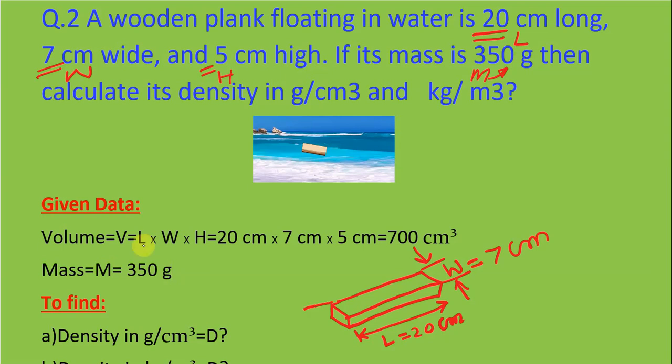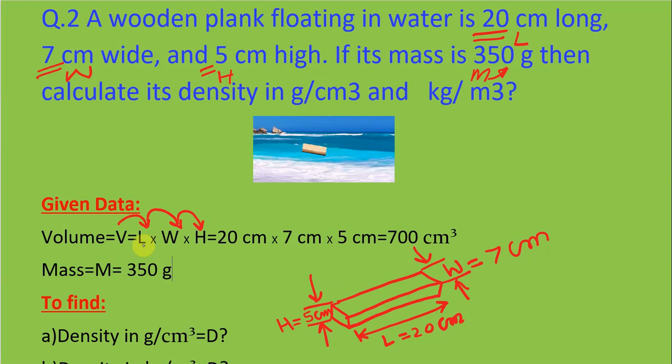And they have also given us the height, and that is H, which is 5 centimeter. So by using these three dimensions, we can calculate the volume of that rectangular plank. So the formula is volume is equal to length times width times height.